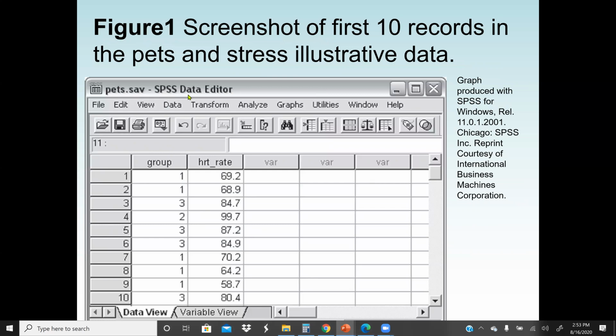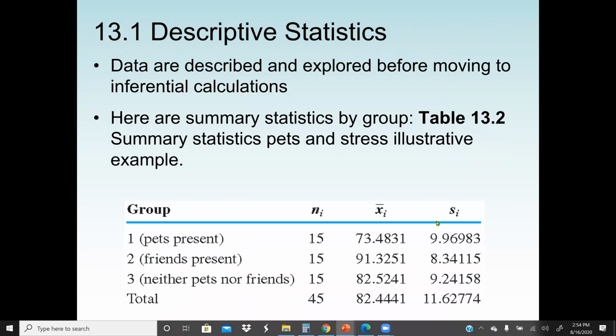In SPSS, in the group column, only three possible values can occur. Then we have the heart rate for each person. We can use SPSS to analyze this data and compare the three groups using ANOVA.